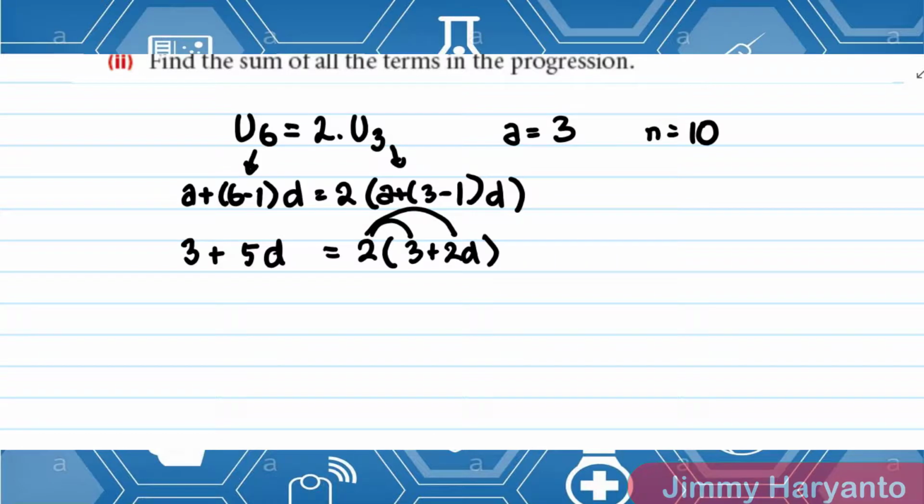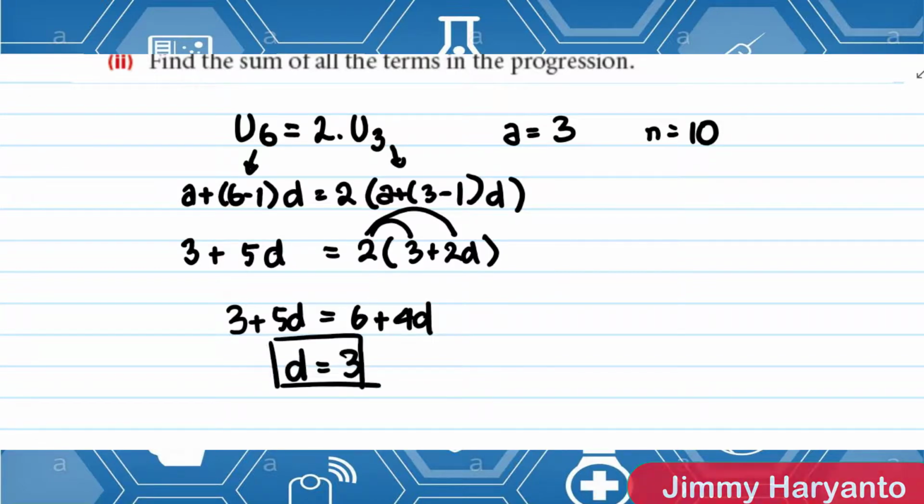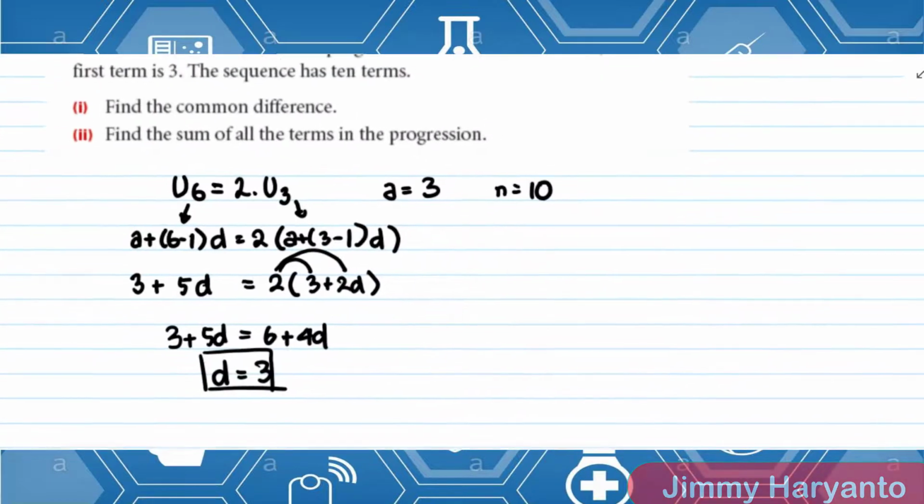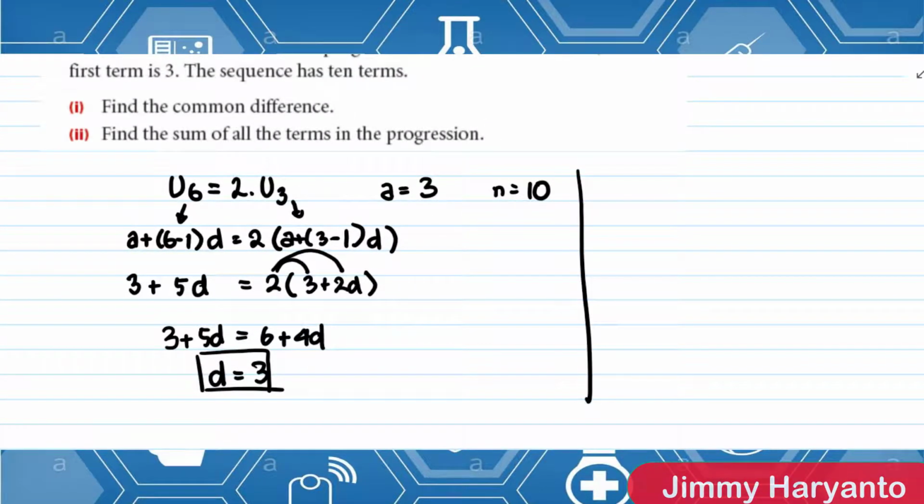So 3 plus 5d equals 6 plus 4d. Move the d, so d equals 3. There you go. So the common difference is 3.